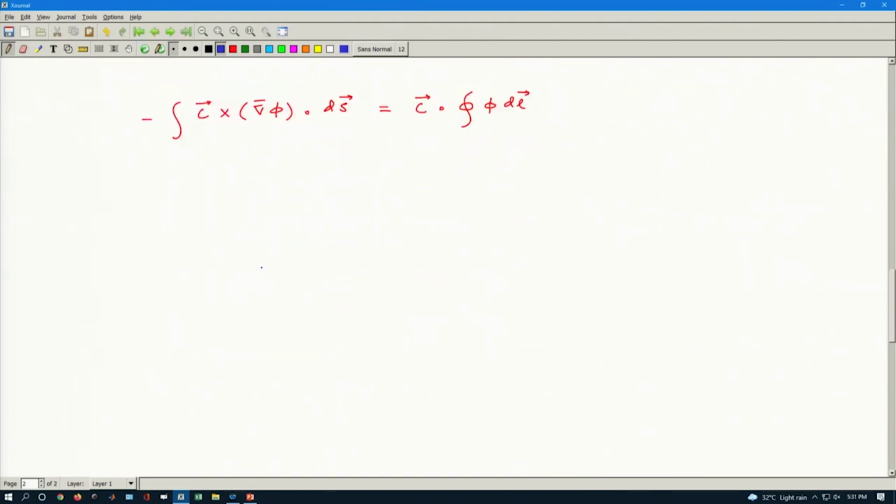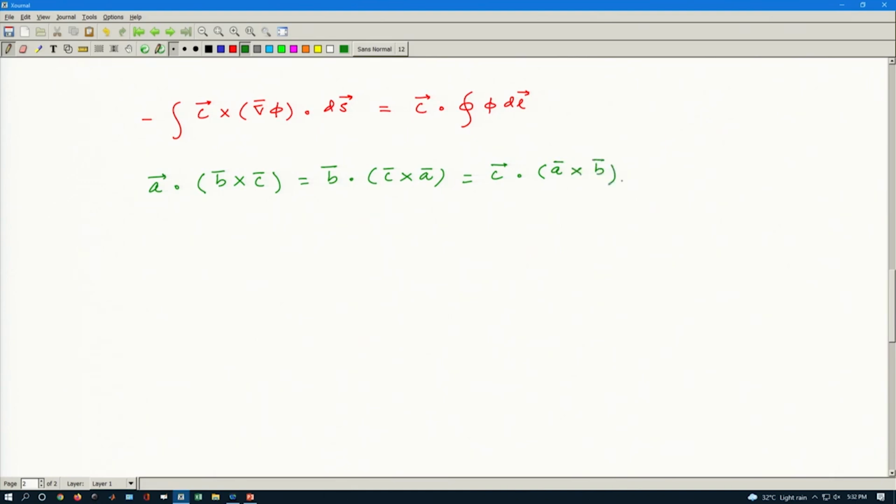Then after that we are going to exploit the expression A vector dot B cross C is equal to B vector dot C cross A, and that is equal to C vector dot A cross B. This is the vector identity.